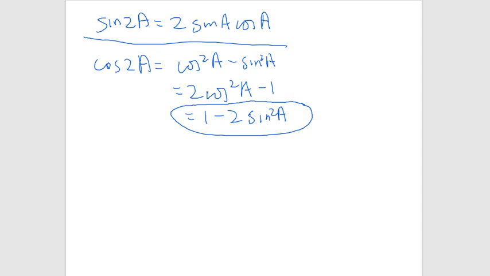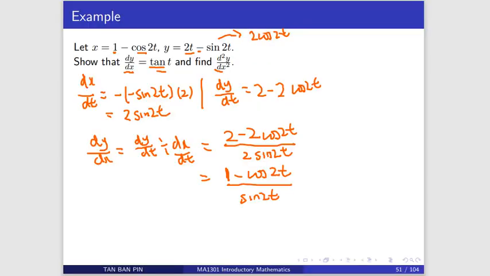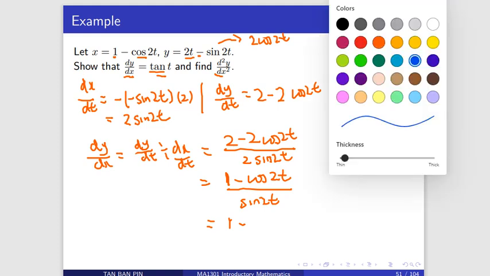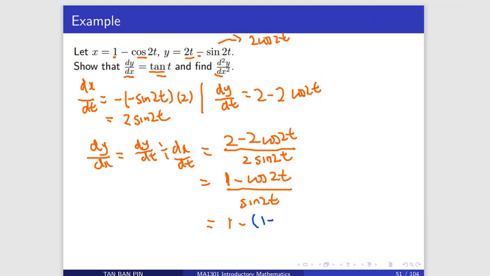You can try out the others; they will not work. So you substitute cosine 2t by 1 minus 2 sine squared t.